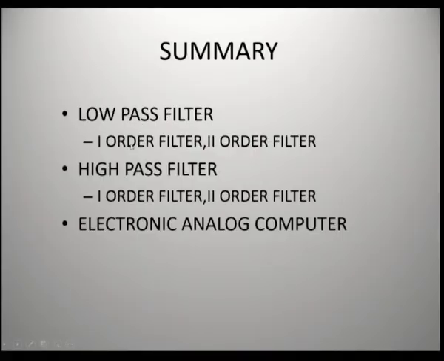To summarize the class, we have seen low pass filter, in which first order filter and second order filter, high pass filter also, in which first order filter and second order filter we have seen, and an electronic analog computer by which addition, subtraction, integration, all these mathematical operations can be symbolically represented, and from which you can derive the differential equation and also the simultaneous equation.